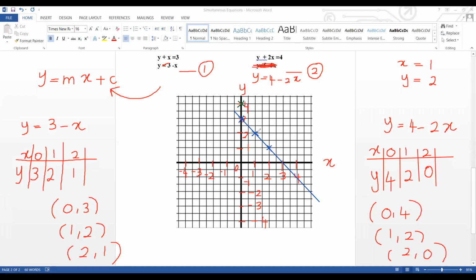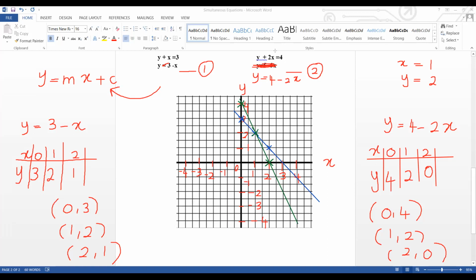Then 1, 2, then 2, 0. Right. Okay, now these are my 2 lines, right? Now I have finished drawing.